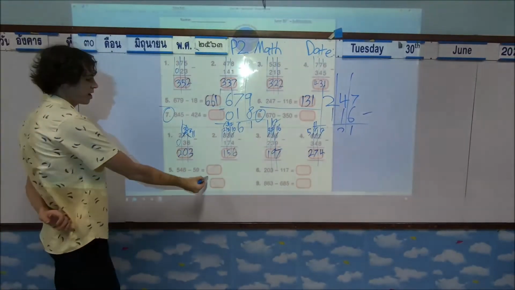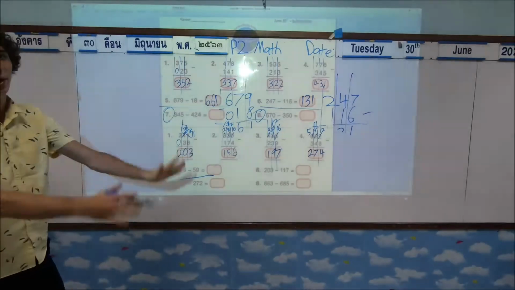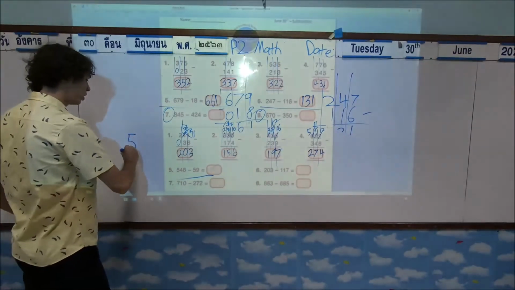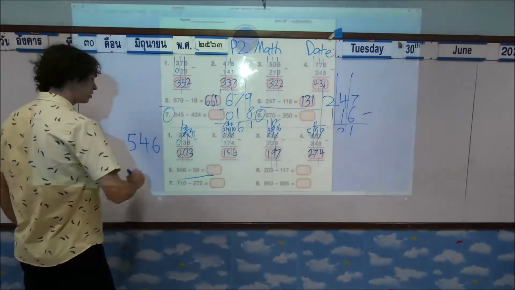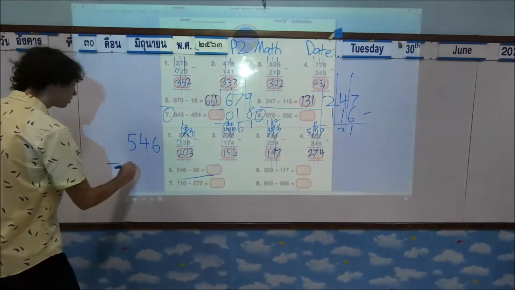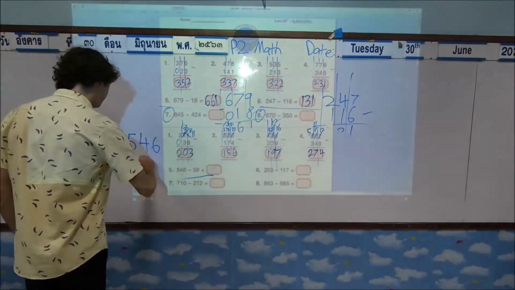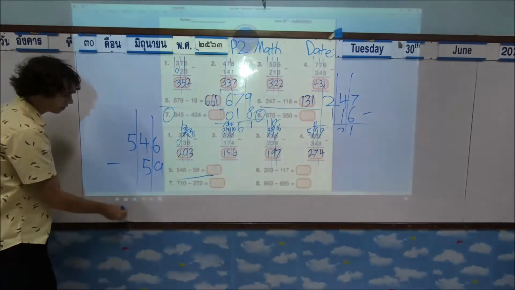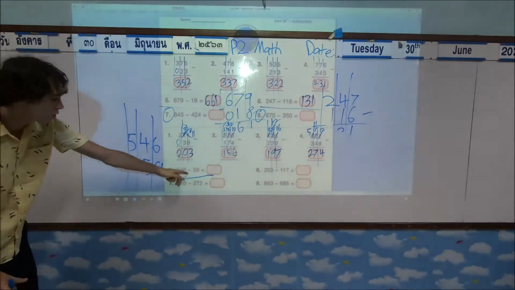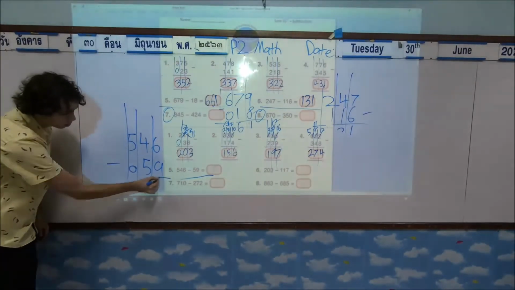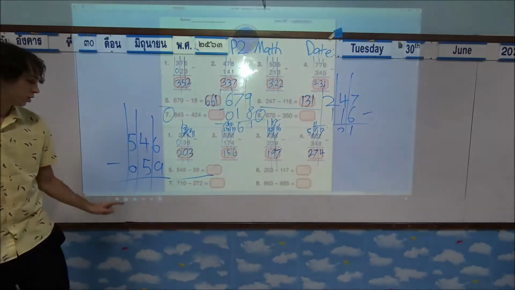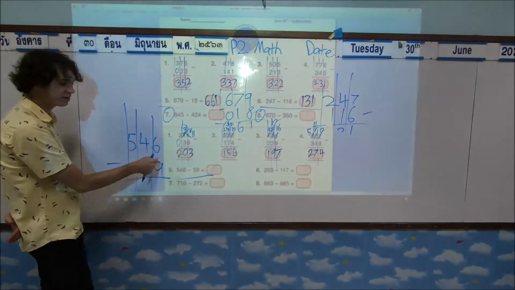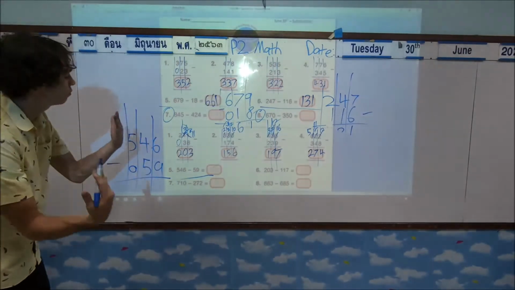Okay, number 5. We have to write it up and down again. So I have 546 minus 59. Remember, ones, tens, hundreds. There are 0 hundreds here. So it's a 0. Cool. 6 minus 9, we have to borrow.